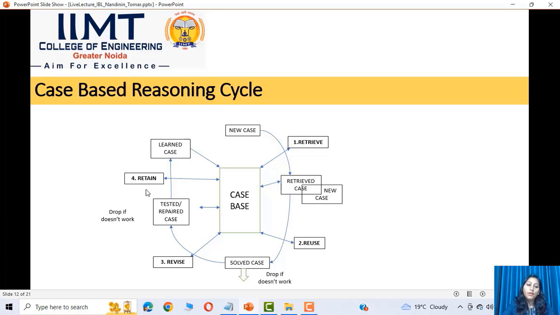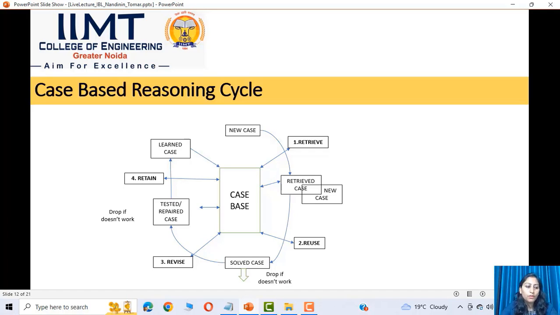Then we move to the fourth step, which is retain. Here the system decides whether to retain this new case in the case base or not. If the system decides that we need to retain this case, then this particular case will be stored back in the case base. This way, the complete case-based reasoning cycle executes for every new case.